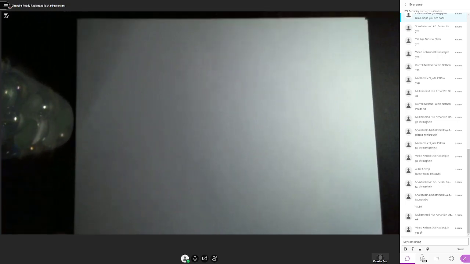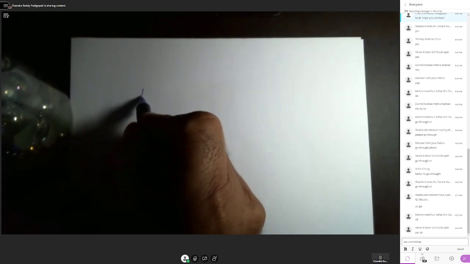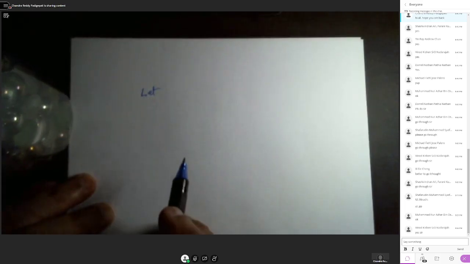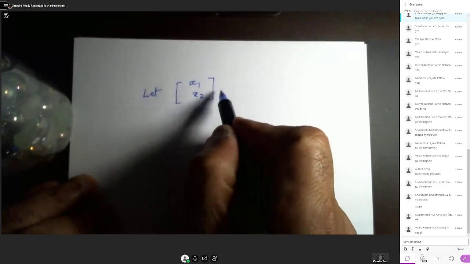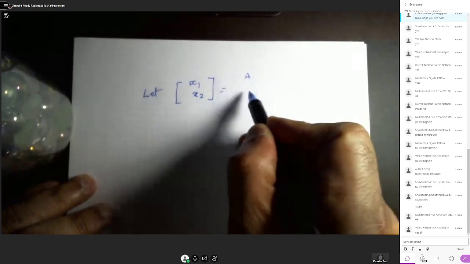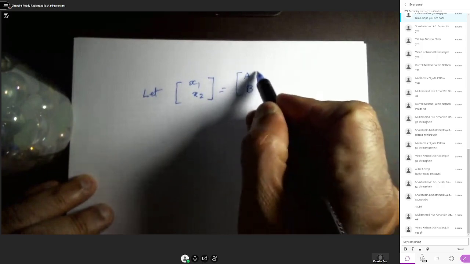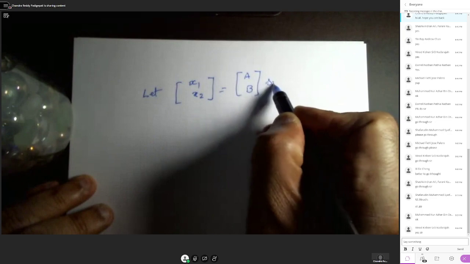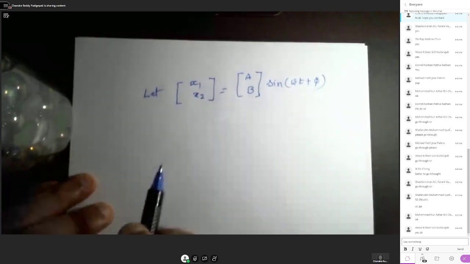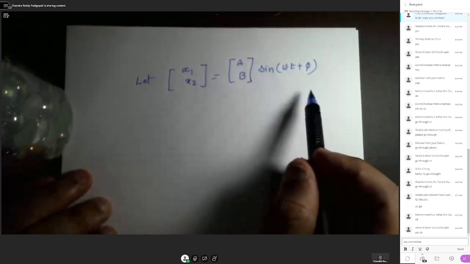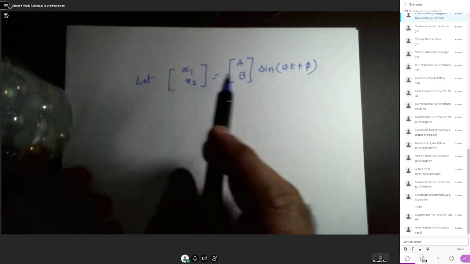From the matrix format, we can write the solution. You can go through similar examples in the learning guide. We can assume that x1 and x2 can be taken in matrix format, with A and B as two constants, times sine omega t plus the phase phi. We choose the solution in this format.